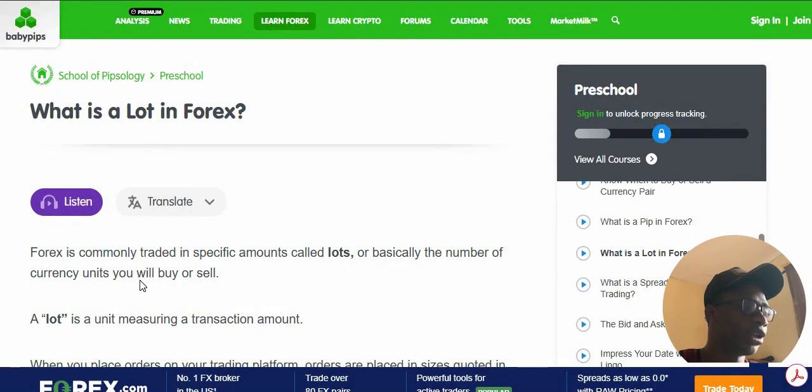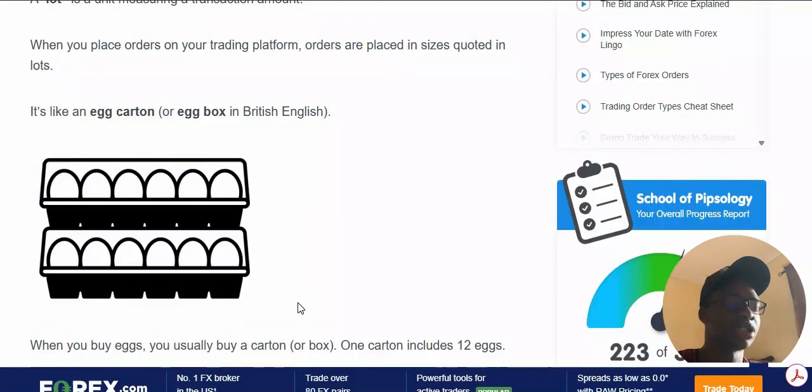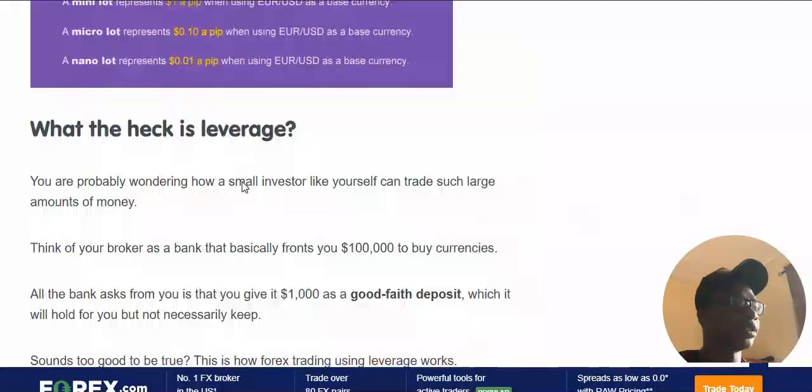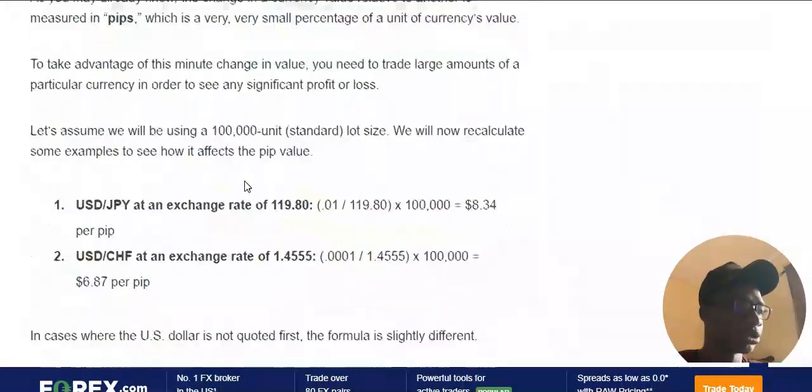Forex is commonly traded in lots. A lot is a unit measuring transaction amount, so it's what we use to measure the risk. Let's go into the types of lots.